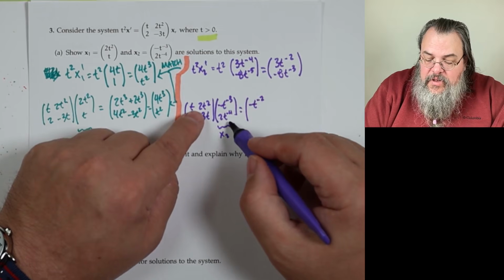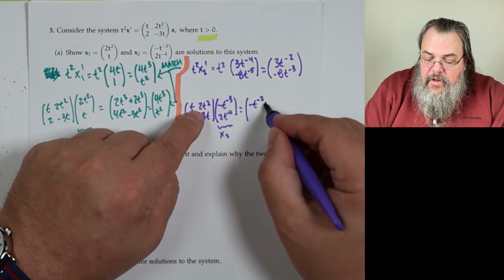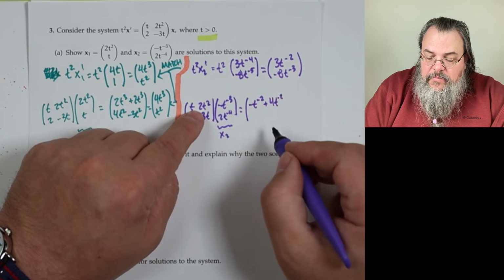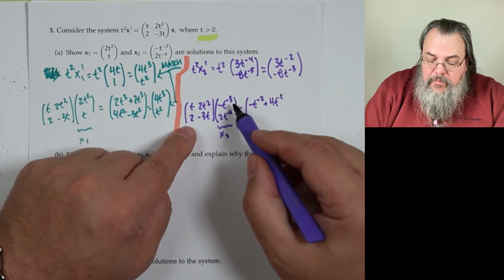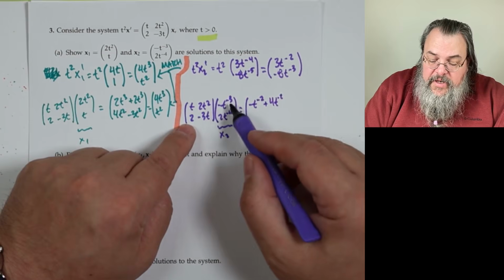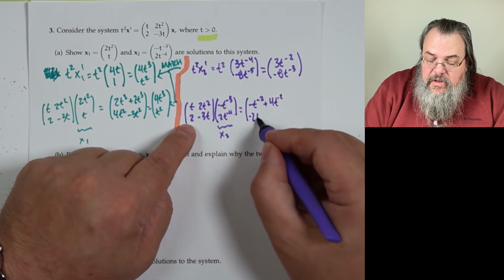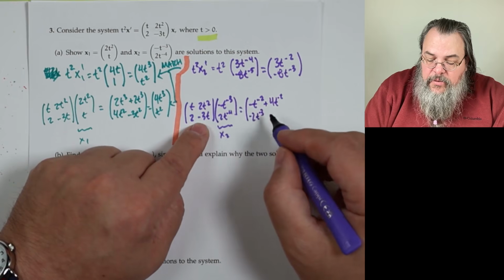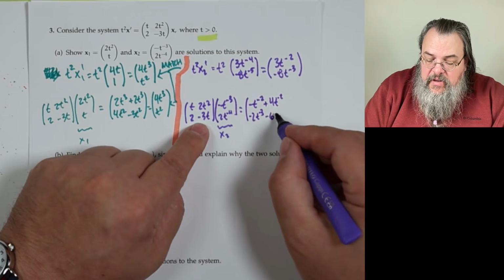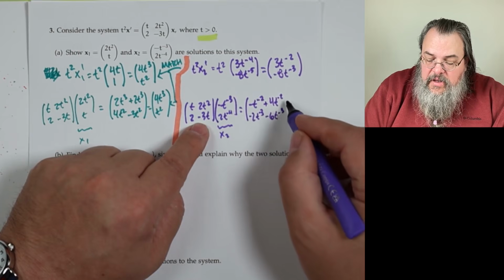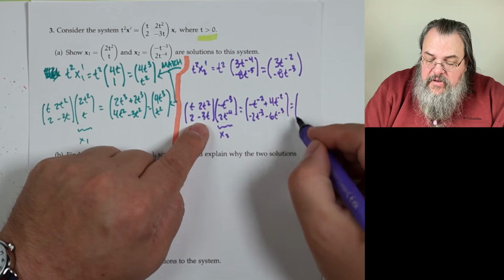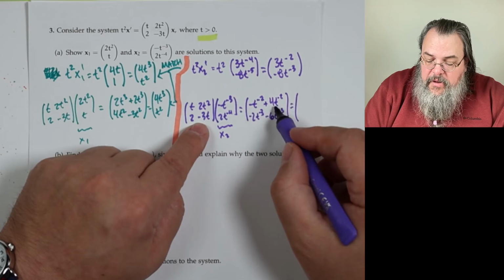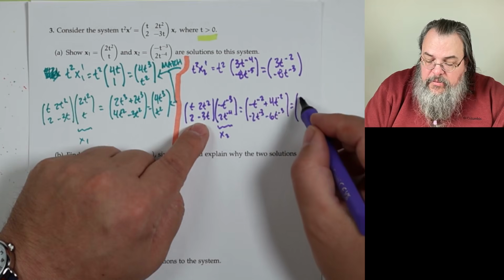Then 2t squared times 2t to the minus 4, plus 4t to the minus 2. Then 2 times minus t to the minus 3 is minus 2t to the minus 3. Minus 3t times 2t to the minus 4, minus 6t to the minus 3.